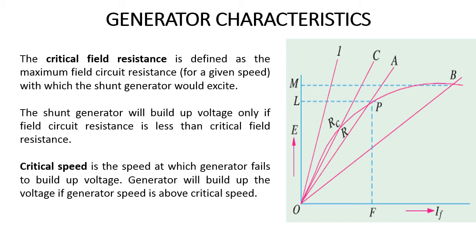Critical speed is the speed at which a generator fails to build up voltage. Generator will build up the voltage if generator speed is above critical speed. The critical field resistance can be determined from OCC by drawing a tangent to the initial part of OCC. The slope of the tangent represents the critical field resistance.